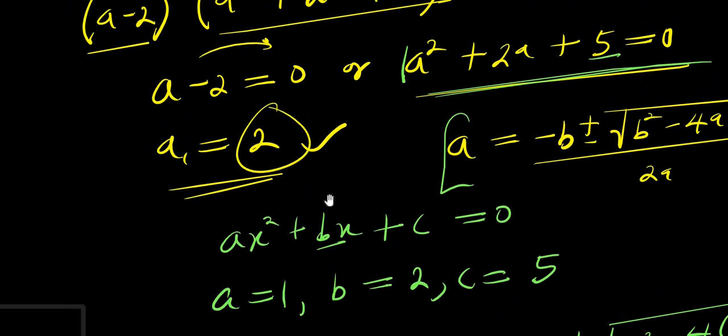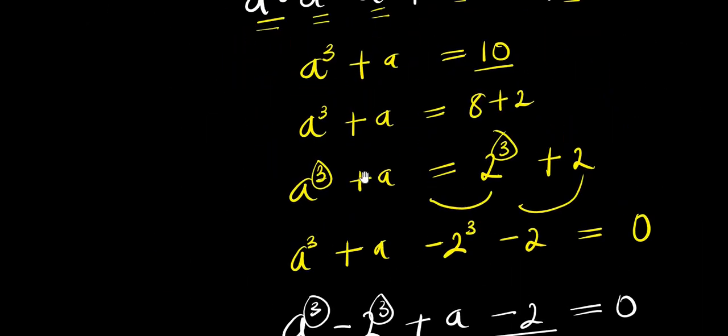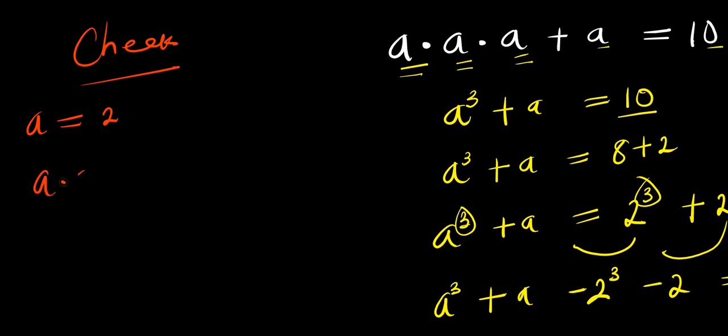Now you can as well check if this particular value will satisfy the equation. What you need to do is to insert this particular value back into the original problem and check if it's going to satisfy the equation. So we have a equals 2. And this is a times a times a plus a equals 10. So our a is 2 here. We need to insert 2 for a.